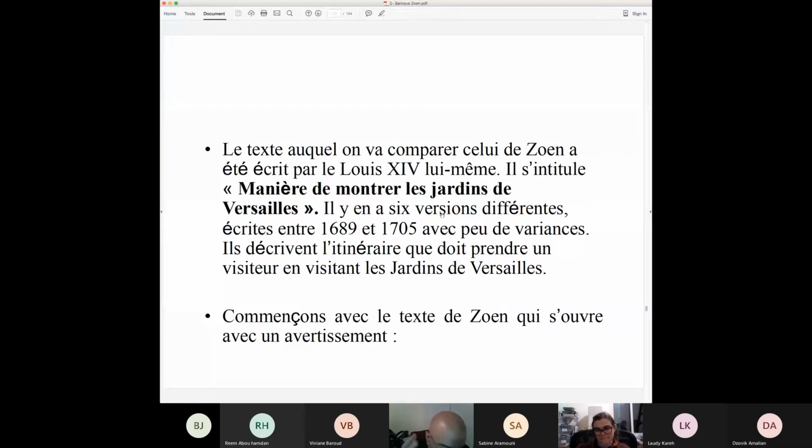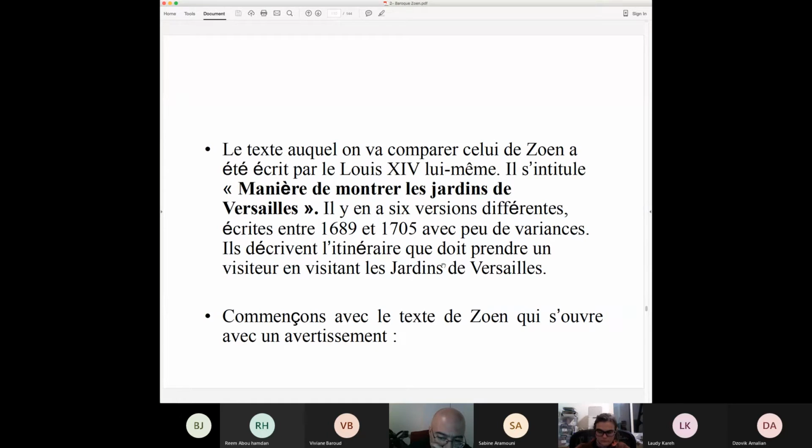He probably obsessed over some small detail here and there, changing small details. But all of them, what they describe is the itinerary that a visitor must take when visiting the gardens of Versailles.